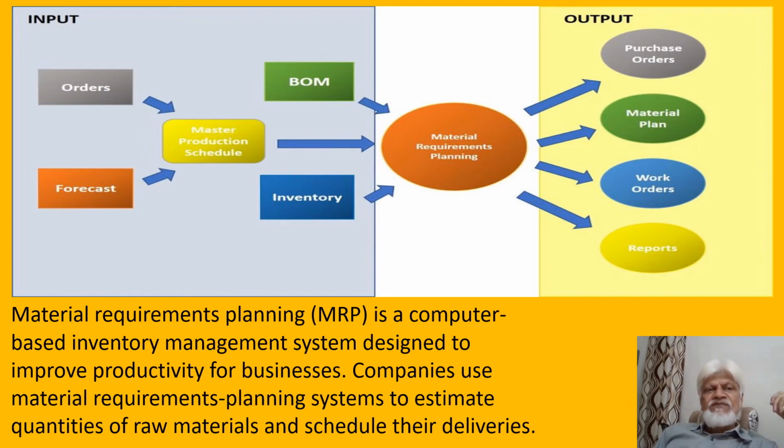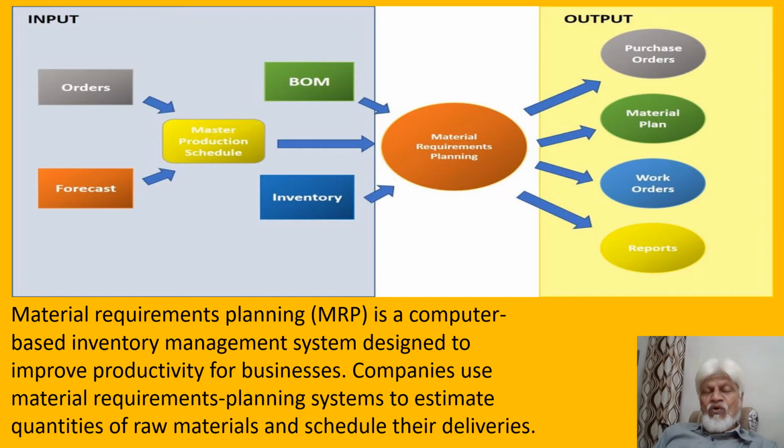A typical example: the inputs are your orders and your forecast. Next come your master production schedule, your BOM, and the inventory. This works out to a concept known as MRP.